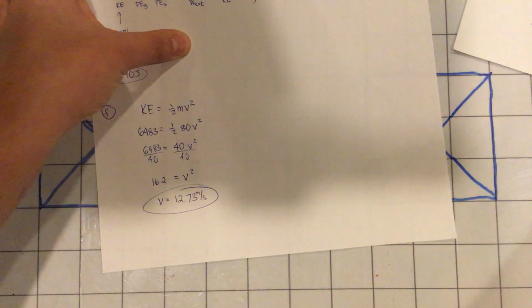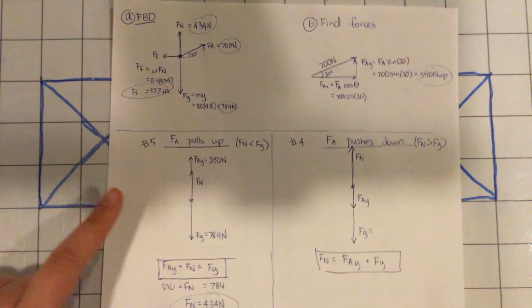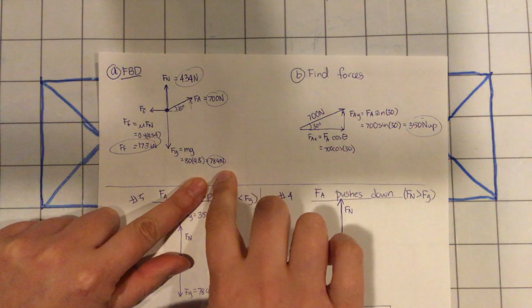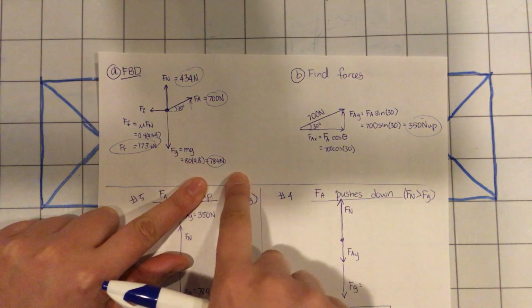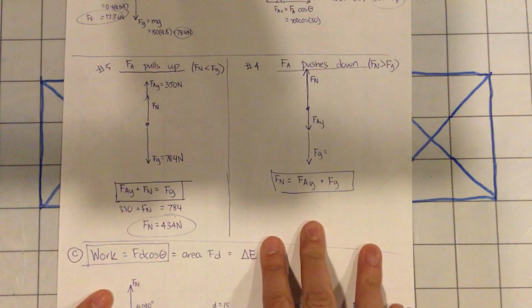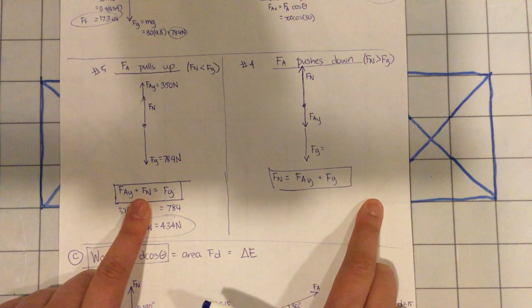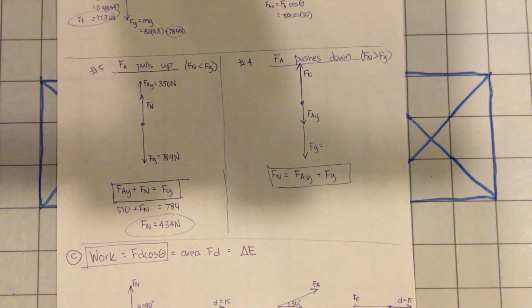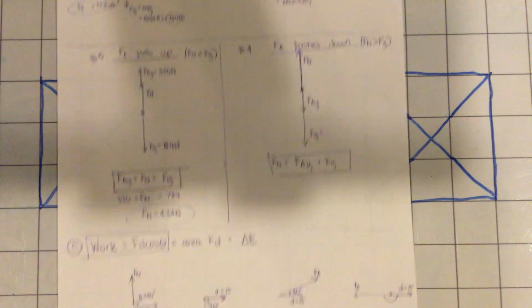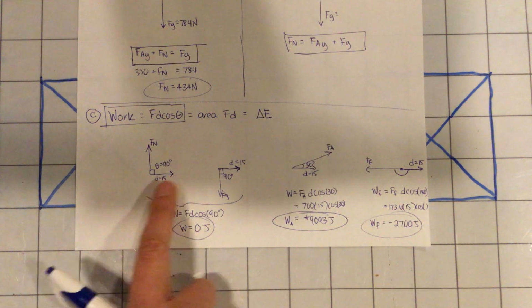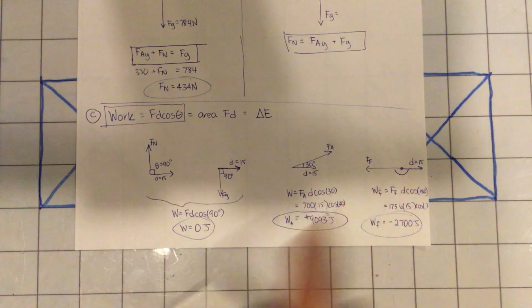So, from start to finish, this problem requires you to draw a free body diagram, calculate the magnitude of forces using the weight equation, the friction equation, components, and being able to identify whether forces pull up versus pull down. This problem requires you to be able to calculate work using F d cosine theta by identifying the angle between the force and distance.